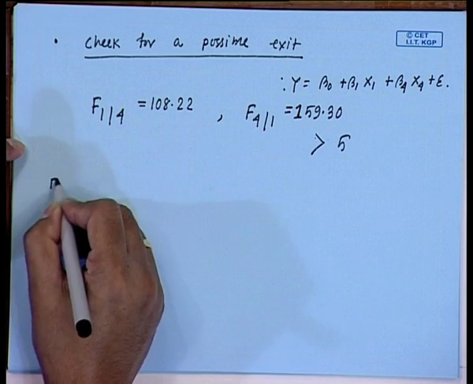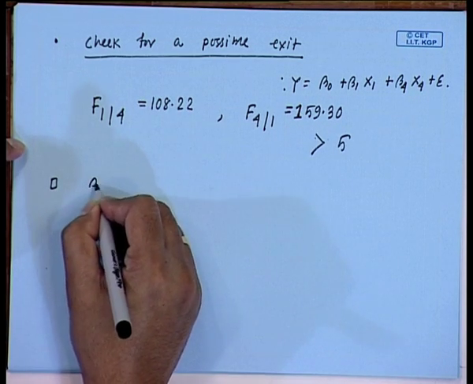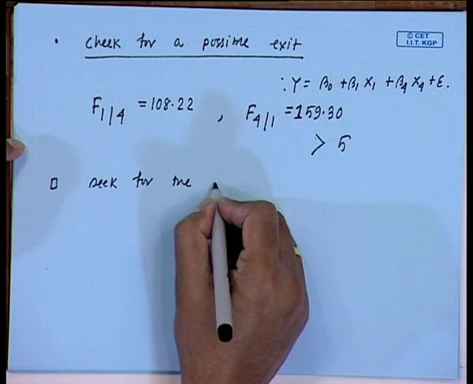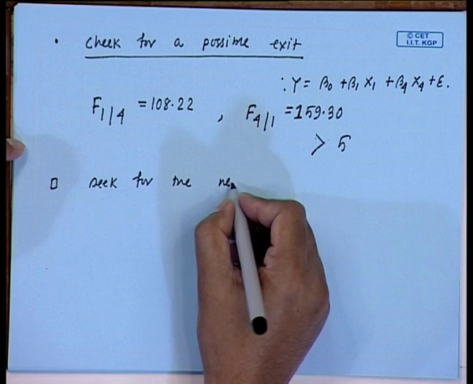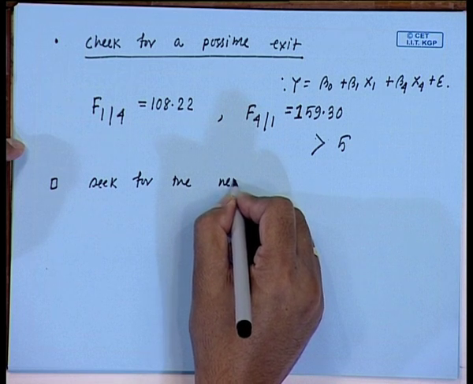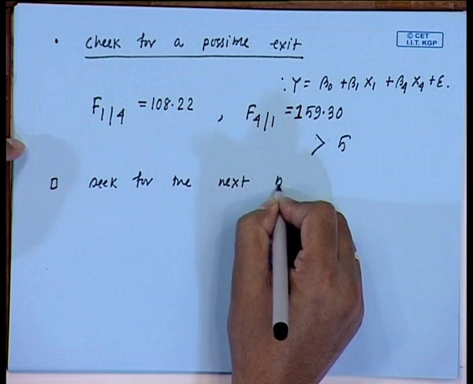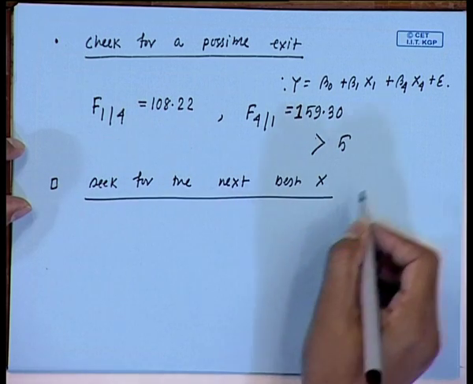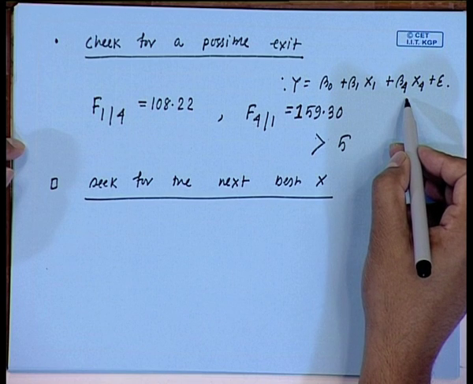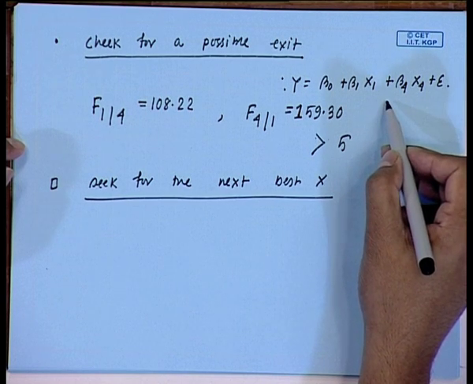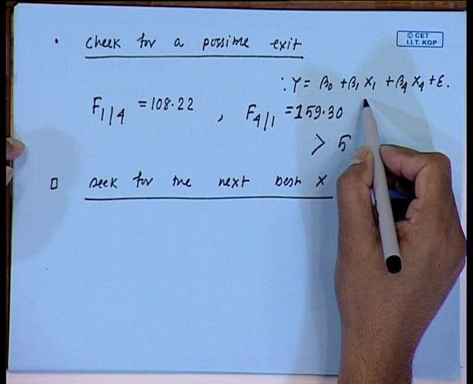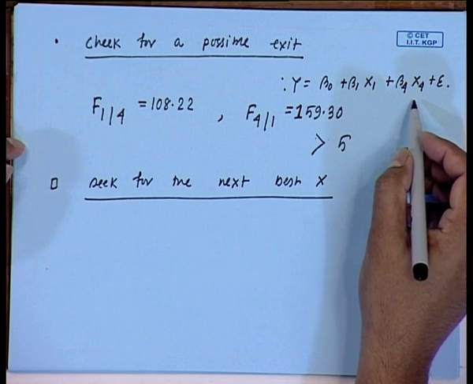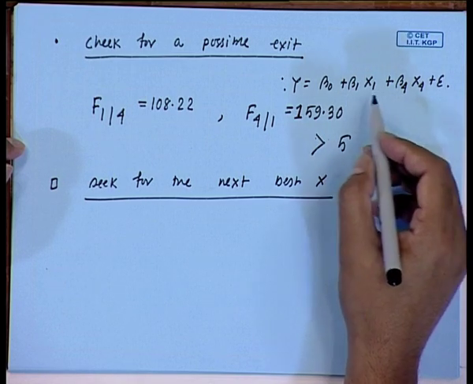So, the next step is that we seek the next best regressor. So, I have x 1 and x 4 in the model, and x 1 is significant in the presence of x 4 and also x 4 is significant in the presence of x 1.